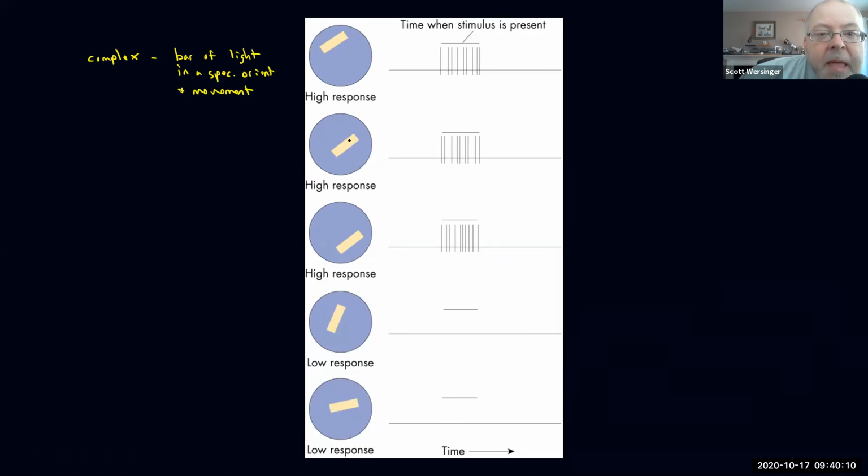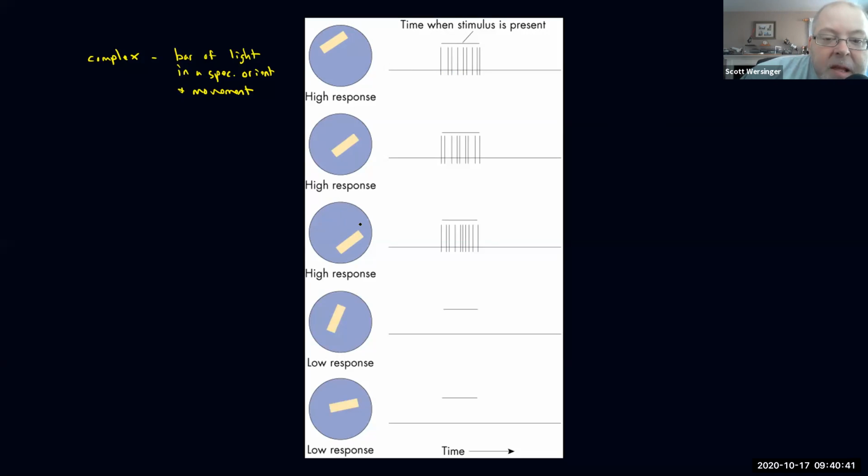Okay, so in this particular case, if there's a bar of light anywhere in the receptive field of the complex cell and it's in a specific orientation, we're going to get an increase in firing. We'll get action potentials. Okay, it doesn't matter where it is, right? As long as it's in that specific orientation, the cell is going to respond. And if this is moving, we get an even greater response.